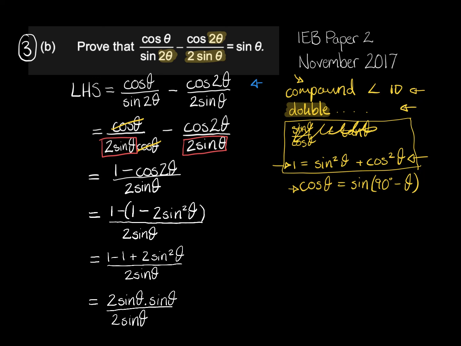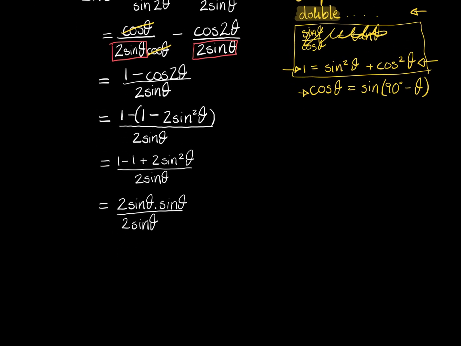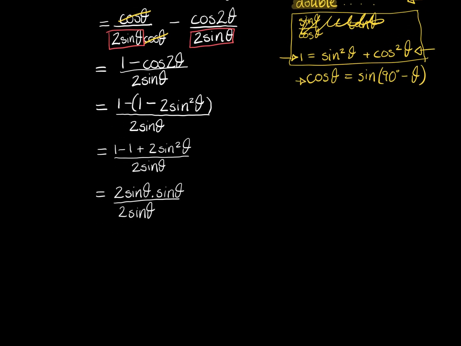And once again, that's because I'm a teacher, and I want to make it obvious that when I am dividing by those numbers, they cross off nicely. Sometimes it's difficult to see when it's just the sine squared theta. So there we go. And of course, that was the right-hand side, so we have got where we wanted to get to.